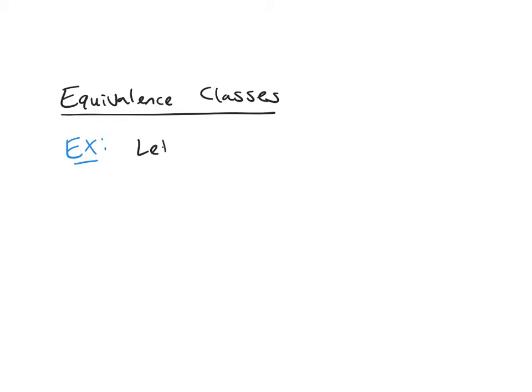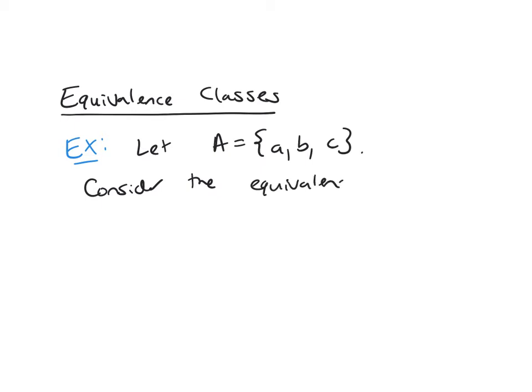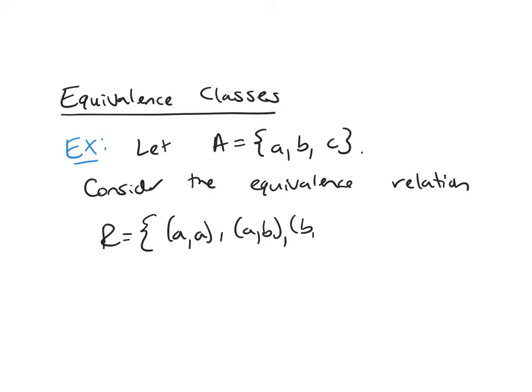Let's say my set A consists of the elements A, B, C. What I want you to do is consider the equivalence relation, and that equivalence relation R consists of AA, AB, BA, BB, and CC.